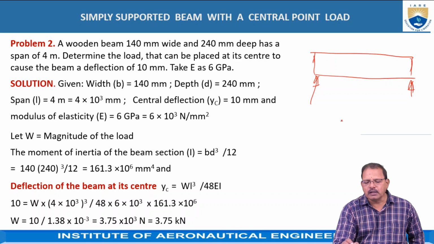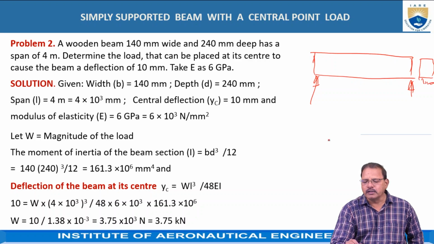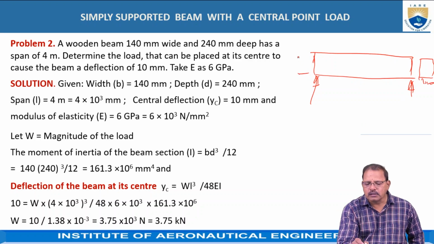A wooden beam, but here the dimension is given, the side view. Here 140 mm is the width, and this height is called the depth, equal to 240 mm. That is nothing but a rectangular shape in cross section.